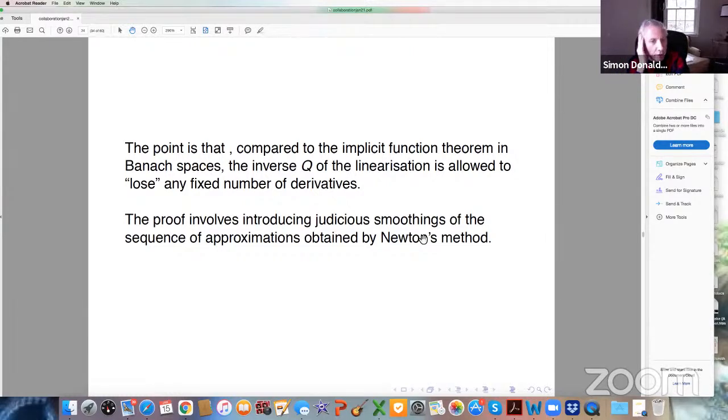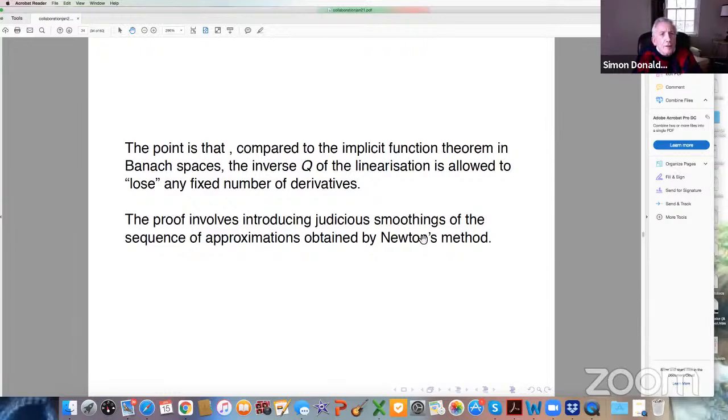But the essential feature is that we introduce smoothings into that procedure by taking the parameter epsilon to be chosen suitably. So the convergence is fast enough that you can change things by a little bit by doing this smoothing to gain more derivatives, but you don't lose the convergence of the solution.